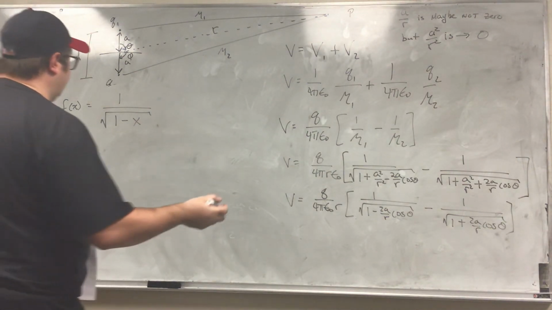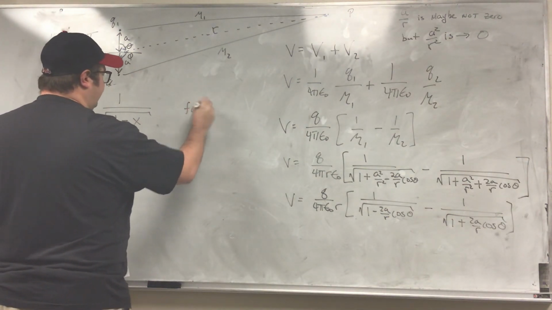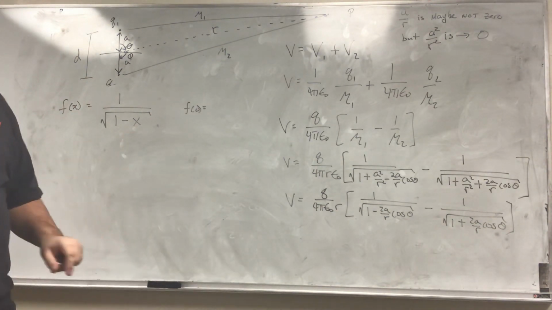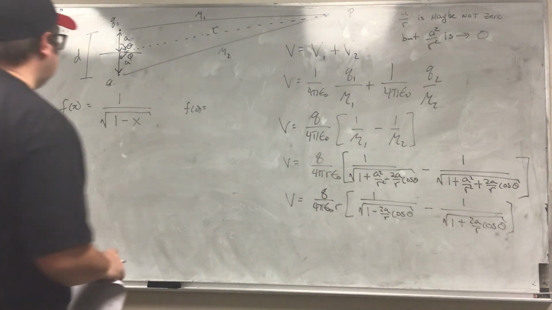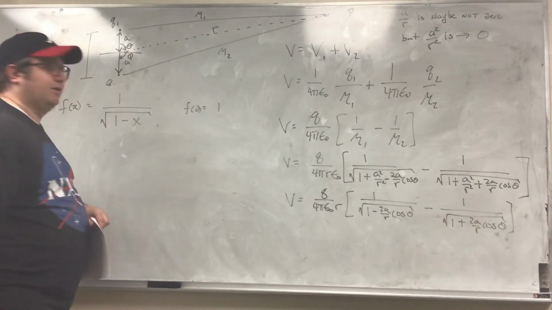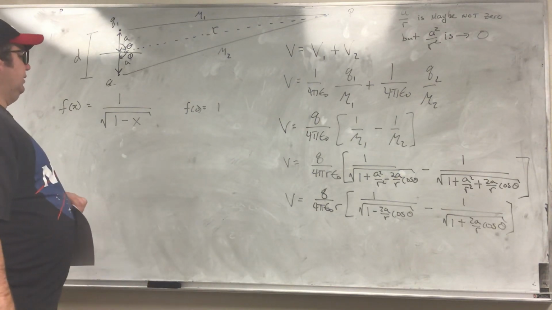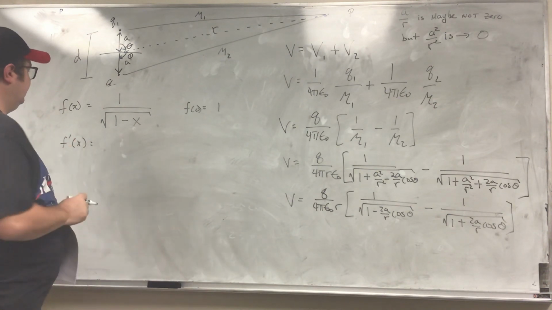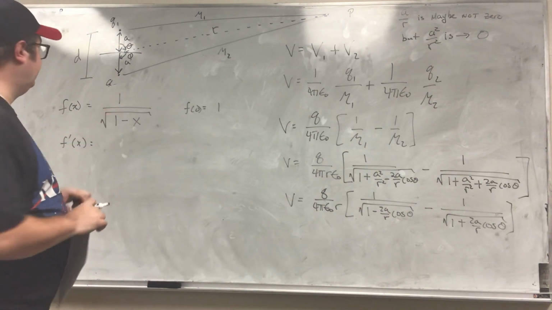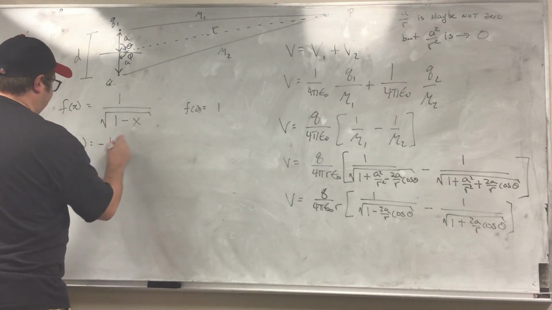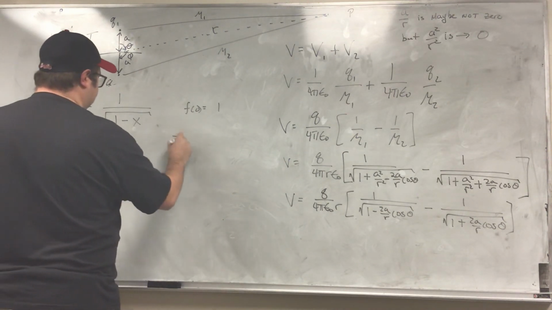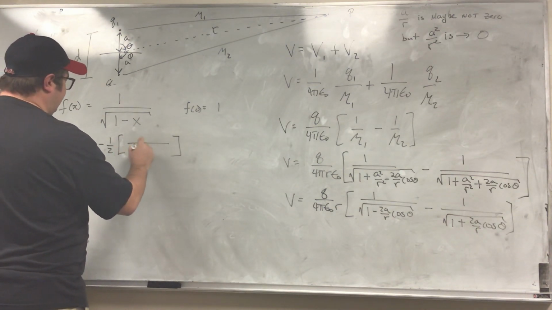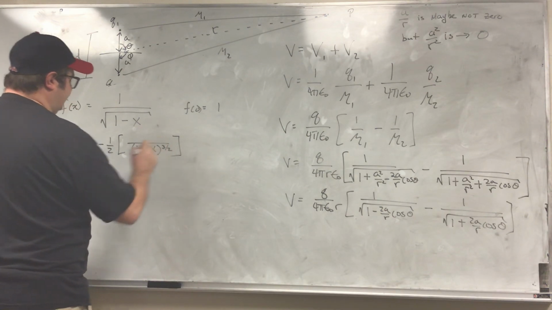Okay, so the first thing is f of 0. If I plug in 0 here, it amounts to 1. Now if I do f prime of x, I have to do the chain rule here. So minus 1/2, I'm going to take this derivative, so it's going to go down, 1 minus x to the 3/2.